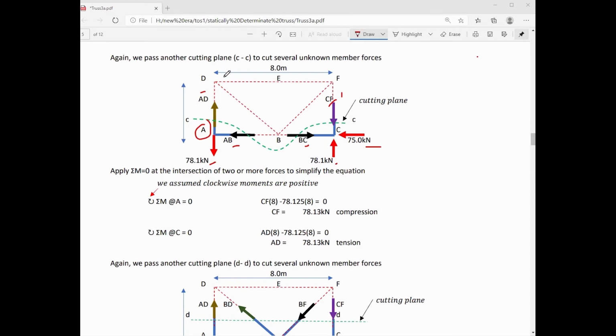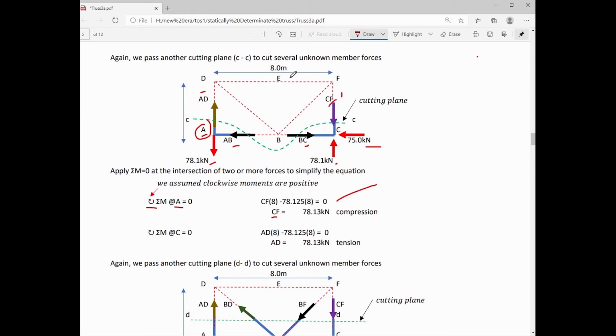Of course, we can also apply summation moment at D, but we cannot eliminate AB, BC, 75 kilonewton at point C. More terms of the equation will be involved in the calculation. The reason why we have to select point A is so that we can simplify the equation to calculate for the value of CF. Assuming that clockwise moment now are positive, we apply summation moment at A is equal to 0.